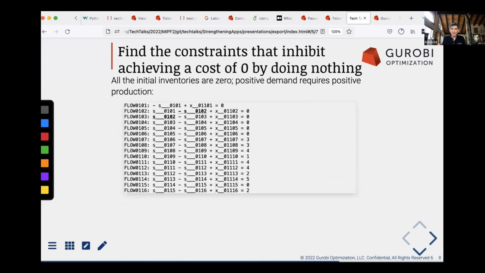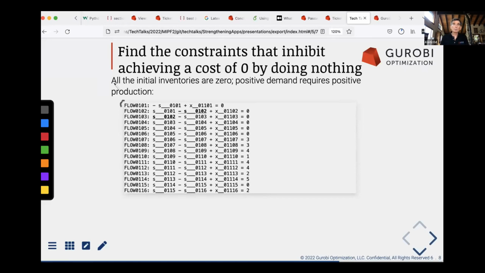So we've got the basic activities. The next step is to figure out, why can't we do nothing? Okay, we're minimizing costs. So why can't we achieve a cost of 0? And the answer to that lies in the conservation of flow constraints. Here I'm showing it again for a single product, but this time all 16 time periods.